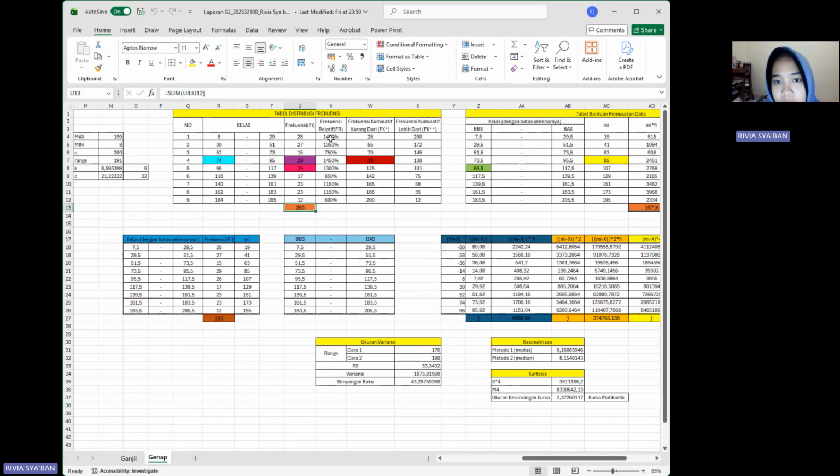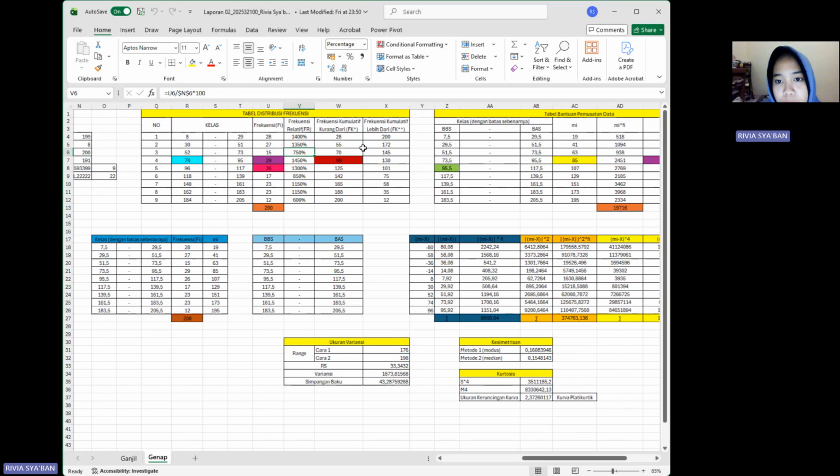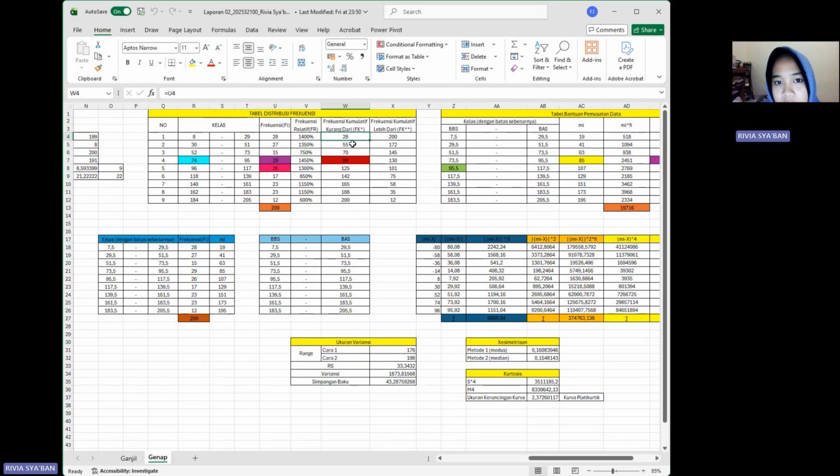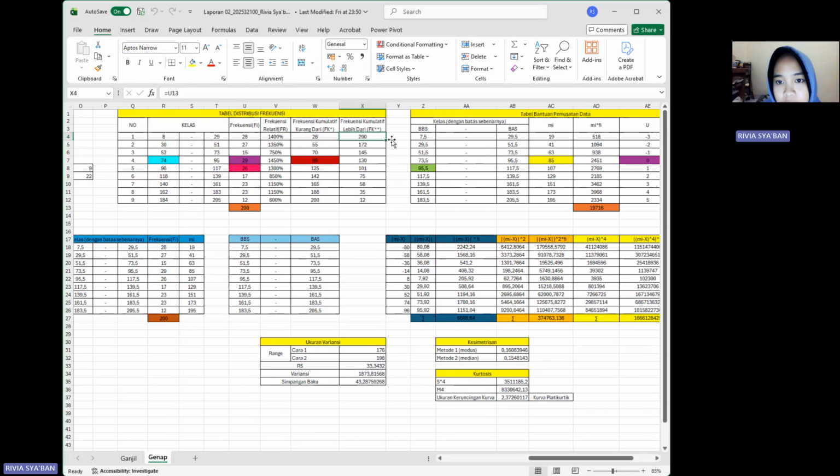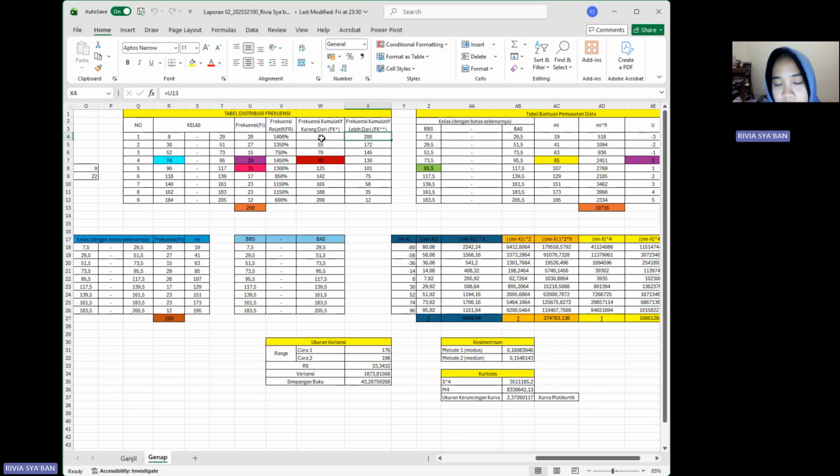Then we can calculate the relative frequency with this formula, and then the cumulative frequency, Fk.